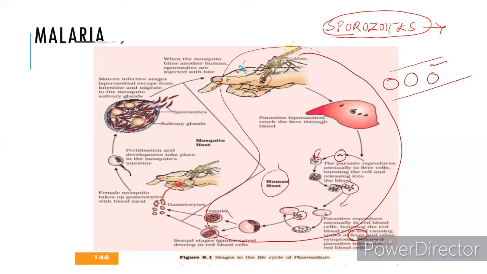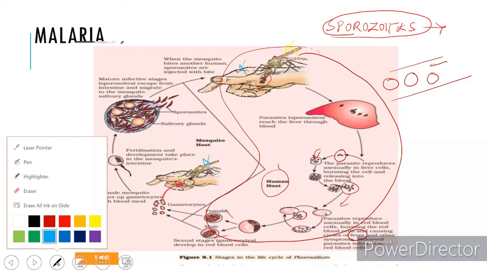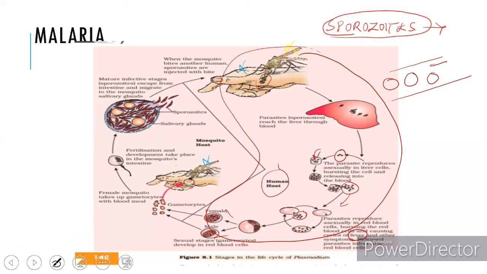Then it's important to understand that this mosquito here is an uninfected mosquito, meaning it does not have sporozoites. And this human being is an infected human being because it contains sporozoites in its body. The female and male gametocytes are present in the human body.